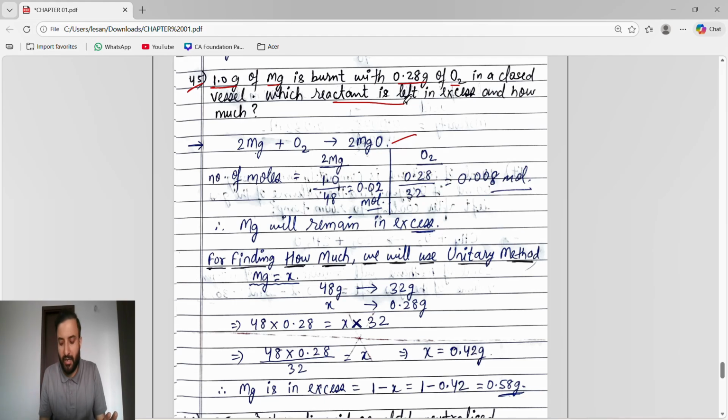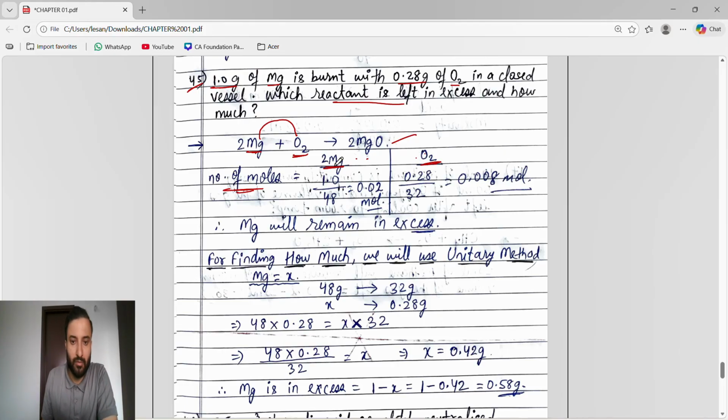Whenever we have to find the limiting reagent or the reactant present in excess, we write the balanced reaction, find the number of moles for both reactants, first for 2 Mg, then for O2, and compare. Whose number of mole is less is the limiting reagent, and whose is higher is present in excess.